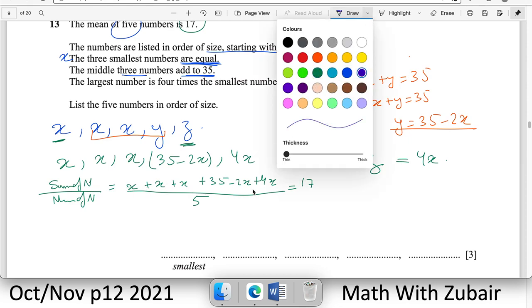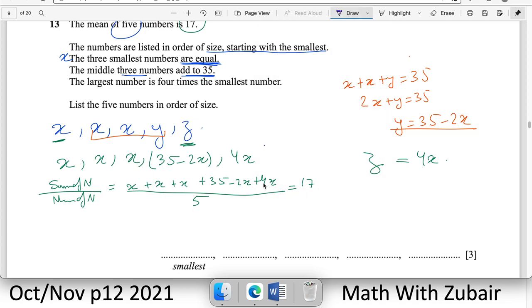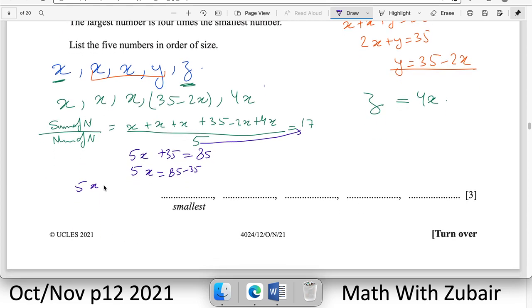So 1, 2, 3, 4 is 7, minus 2 is 5. So 5x plus 35, and multiplying this 5 here gives you 85. So 5x is equal to 85 minus 35, so 5x is equal to 50, x is equal to 10.